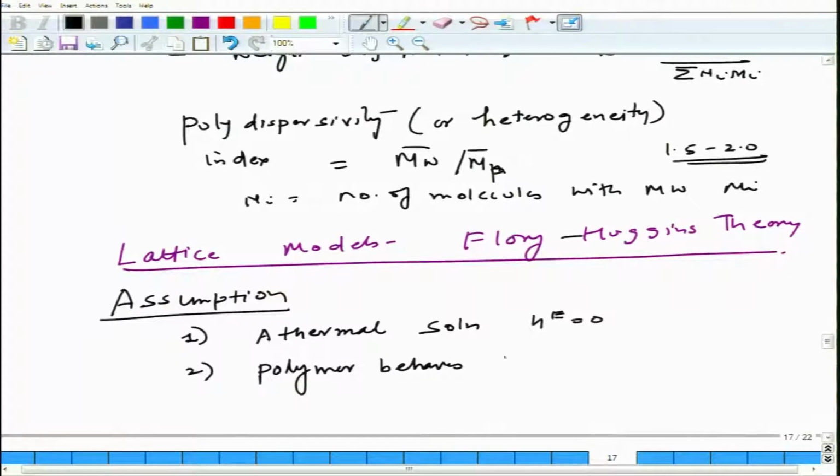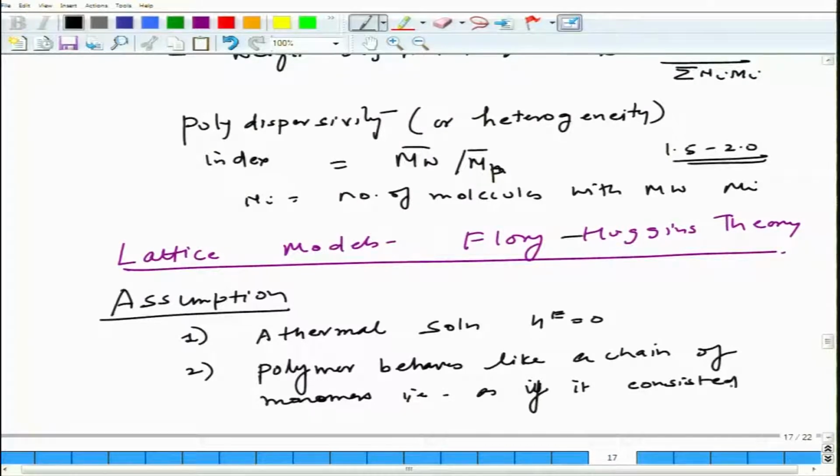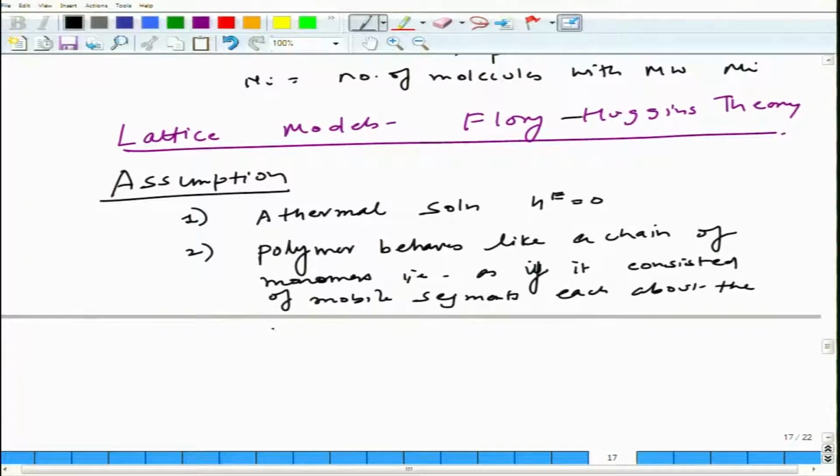behaves like a chain of monomers, that is, as if it consisted of mobile segments, each about the same size as that of the solvent molecules.